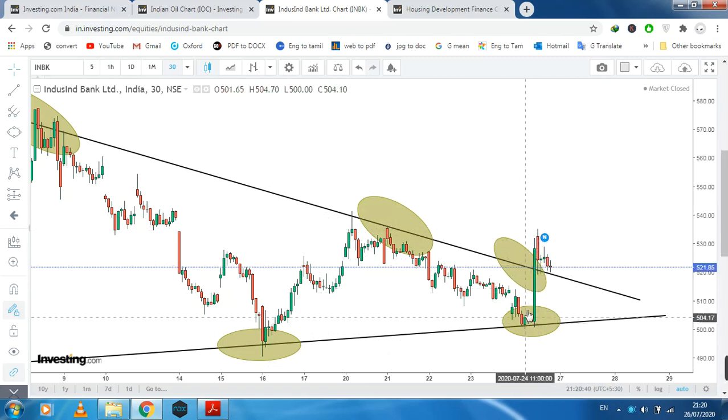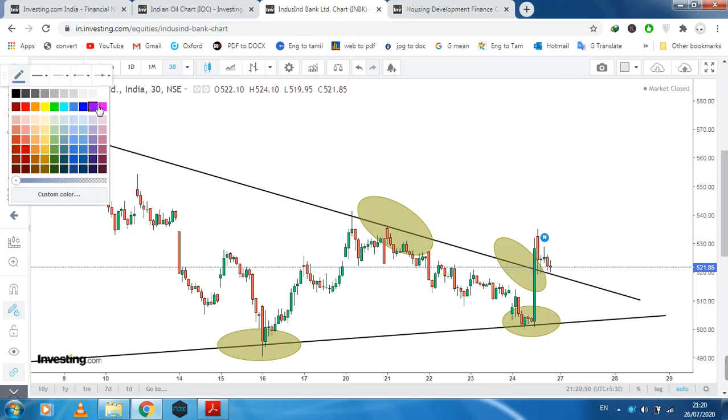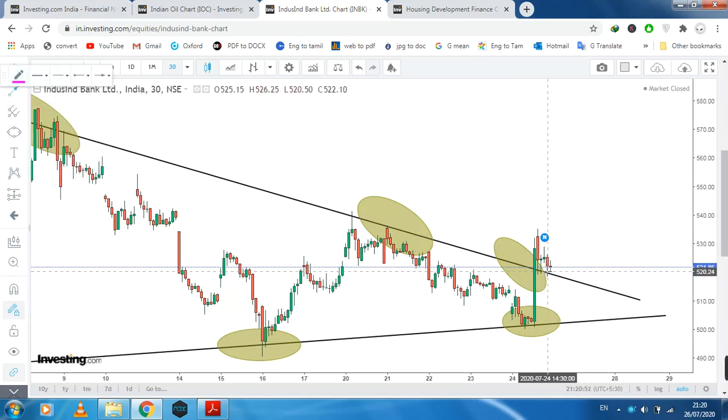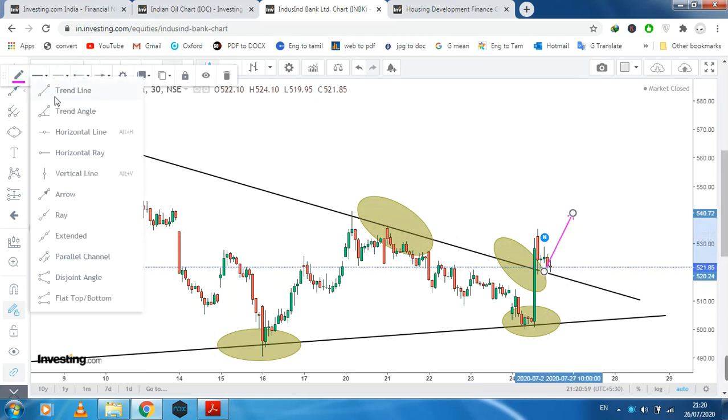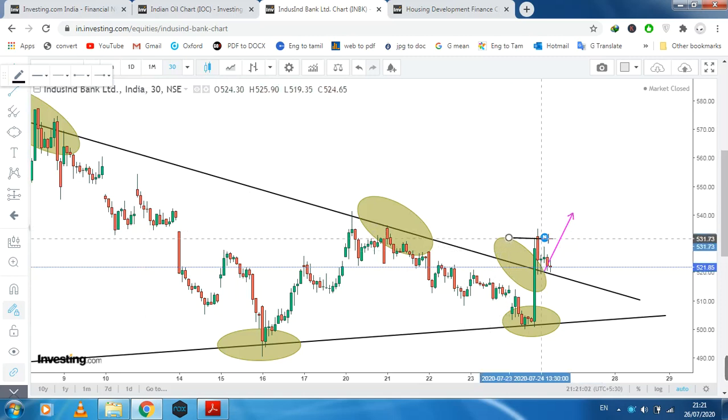Okay, so the current market broke this and then retested again. This is the retest at this time. So tomorrow you wait, it needs to break this level.